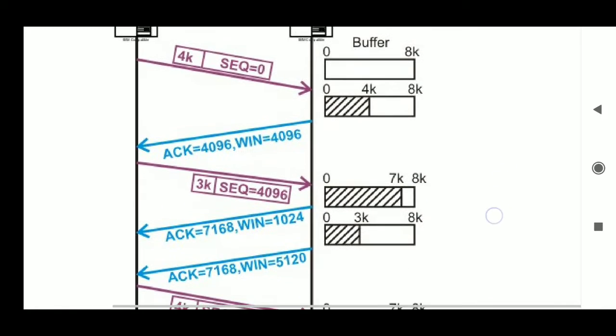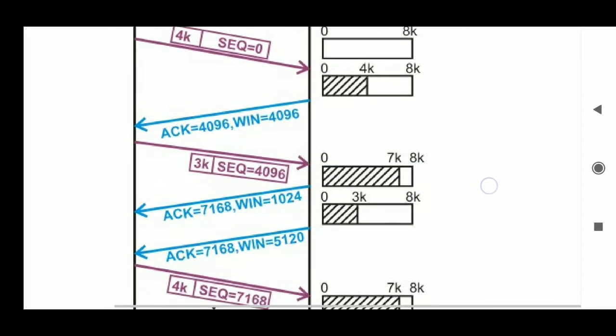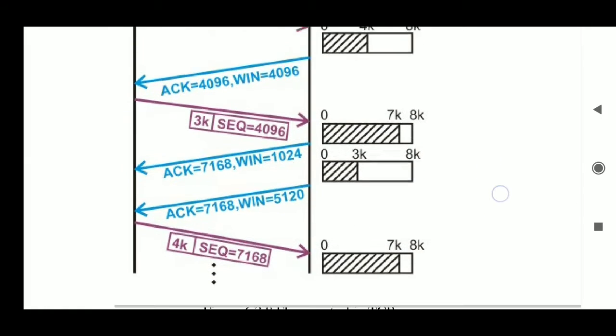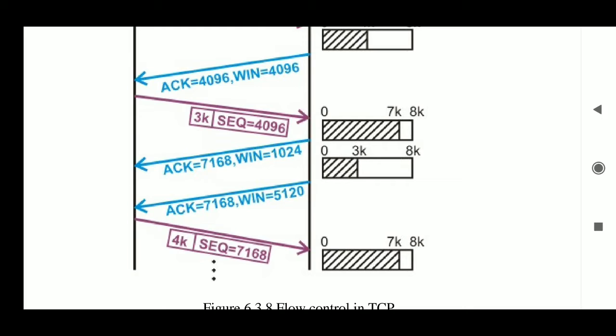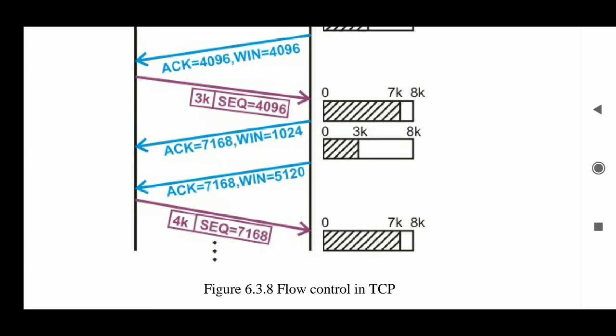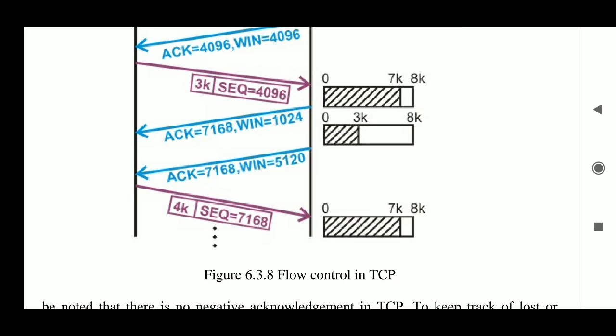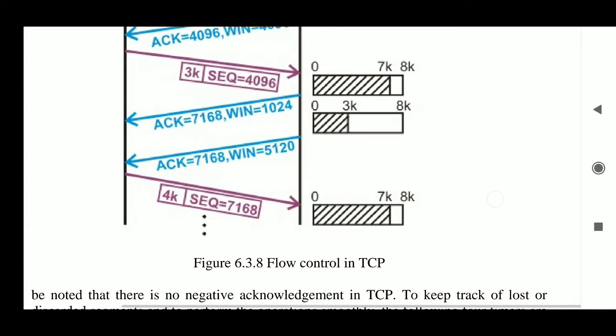number 4096, then the buffer at the destination side becomes 7k bytes. So when it consumes another first 4k bytes, then the acknowledgement is sent that it has taken 4k bytes, and then 3k bytes are also sent.